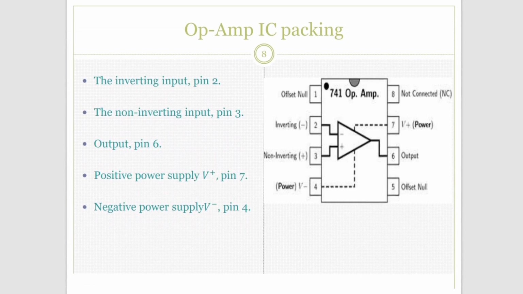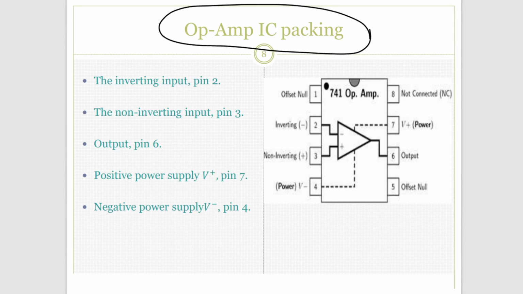The operational amplifier IC packaging. We have talked about the operational amplifier; it is actually an integrated circuit. This is one of the most famous and widely used operational amplifiers, the 741. We have the inverting pin and the non-inverting pin.